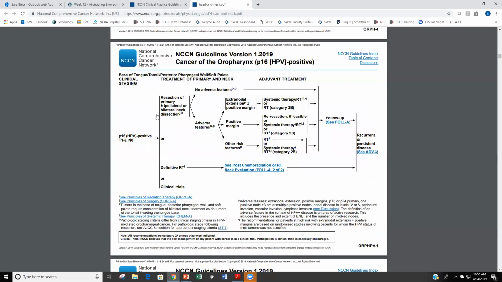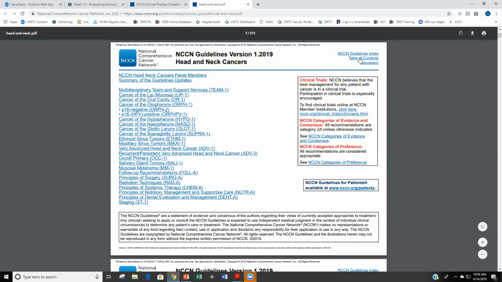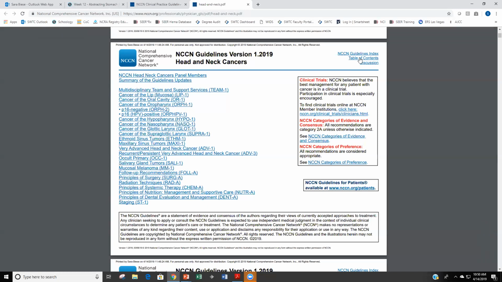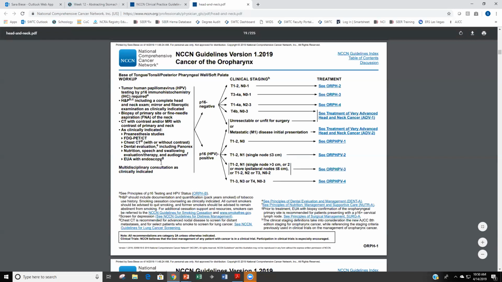And then go through the different sections. Now, if you already know whether it's HPV positive or negative. But let's just say the physician knows the patient has oral pharynx cancer. We would click on that. Once again, here's the workup.